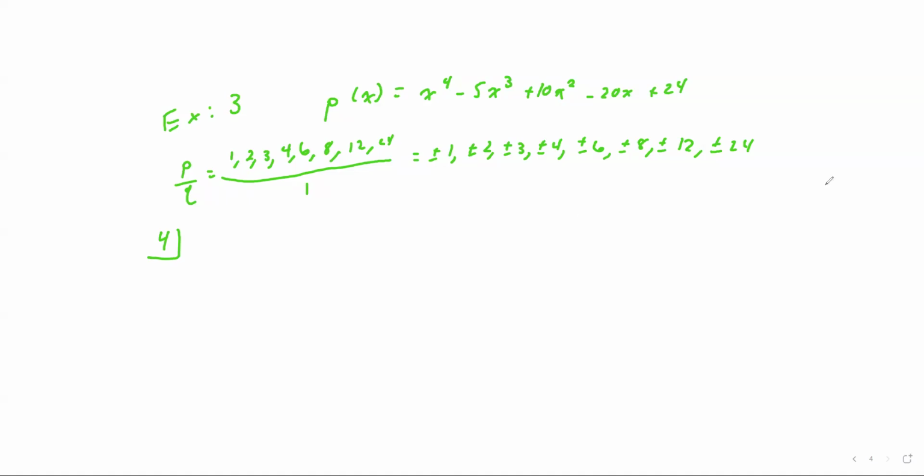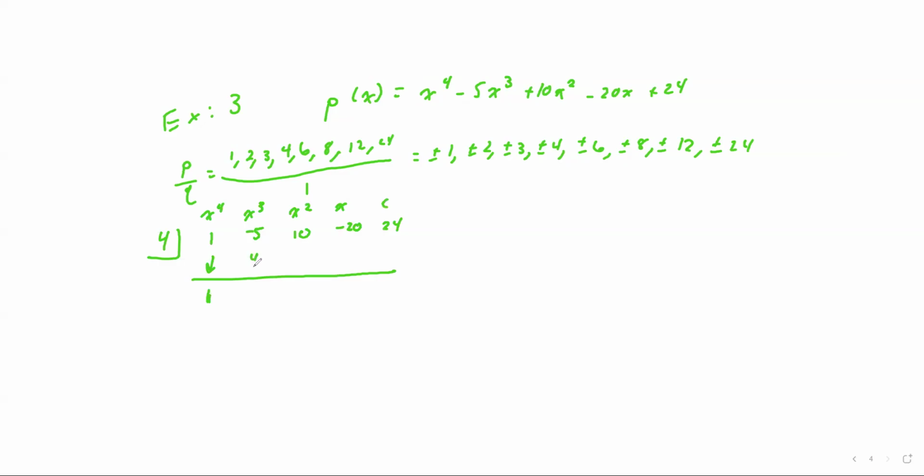So if I can eliminate a lot of these, that'd be great, because the goal is to get it down to a quadratic. All right, so here we go. So x to the fourth would be 1. X cubed would be -5. X squared would be a 10. X would be -20. And my constant would be a 24.